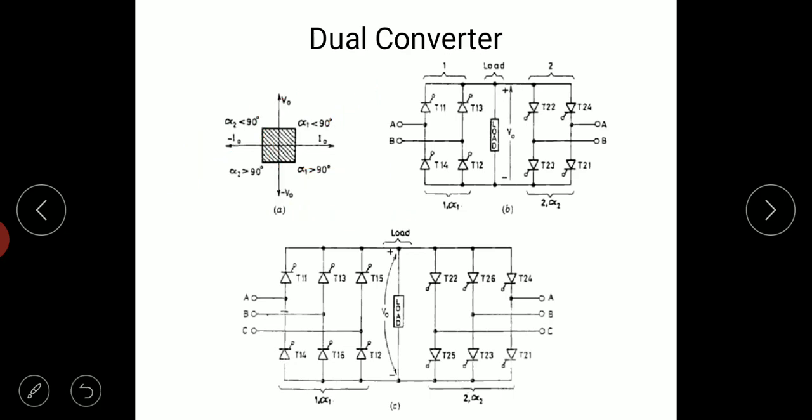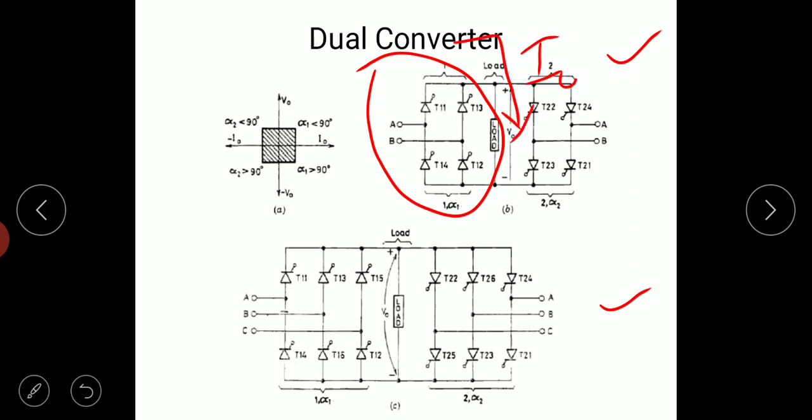You can see in these figures, first figure is for single phase and the next figure is for three phase. In both cases, we had two converters. Converter 1 will have current I naught in positive direction. Here positive direction current is from upward side to downward side.